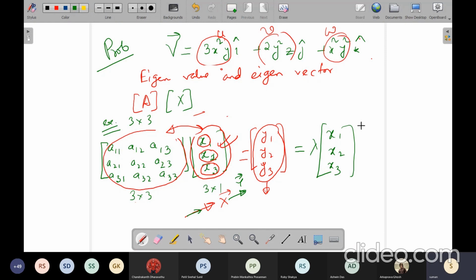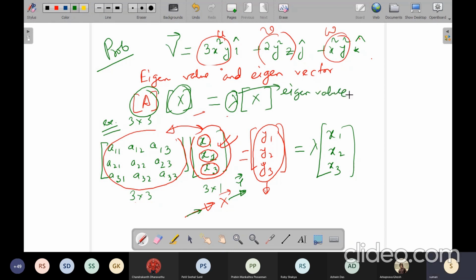So in a very special case, when this operator operating on a vector is returning everything which is aligned or oriented in the same direction as this vector itself, then you can write it in this form. And this is called the eigenvalue.